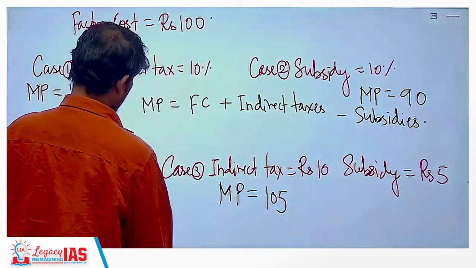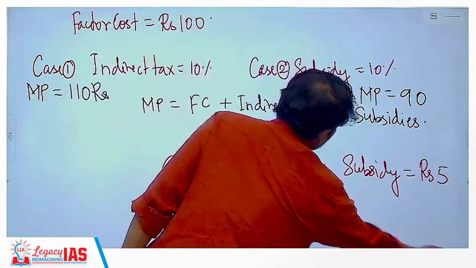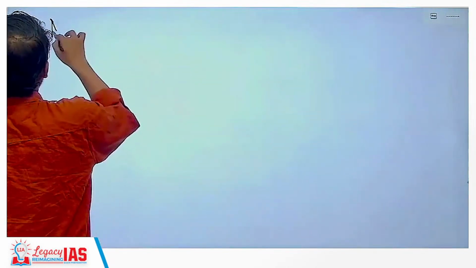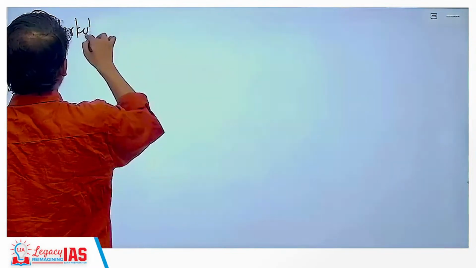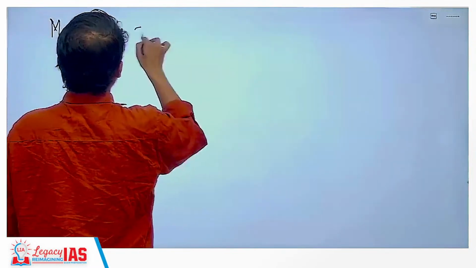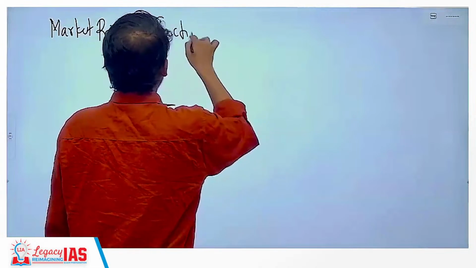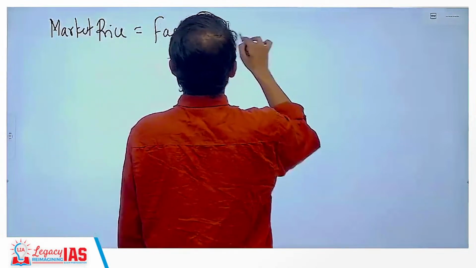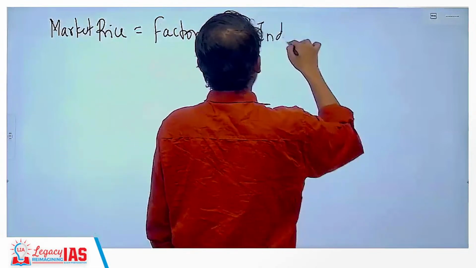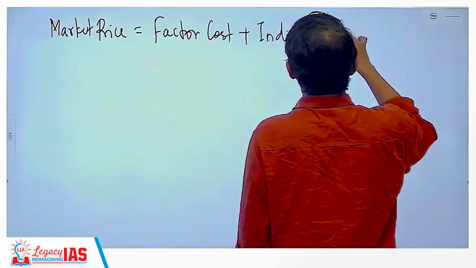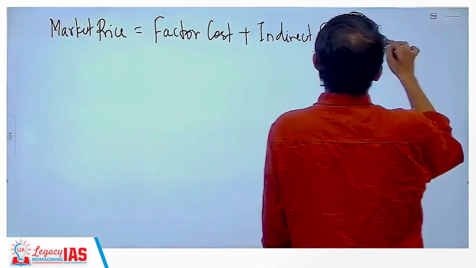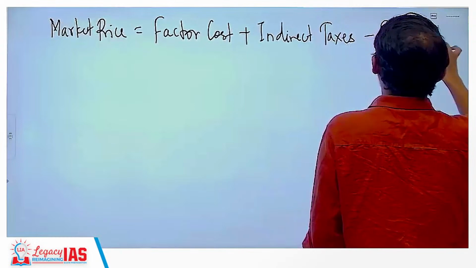अच्छे से लिखते हैं इसको, market price is equal to factor cost plus indirect taxes minus subsidies.